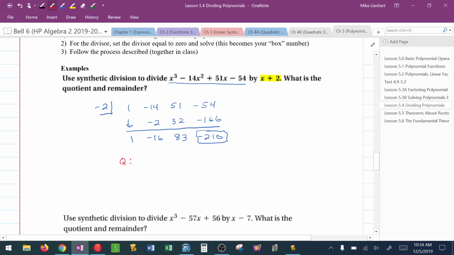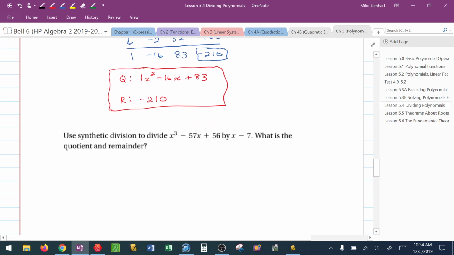So my quotient here is 1x squared minus 16x plus 83. The last term that we put a box around is known as our remainder. The remainder here is simply negative 210. This is what they want us to be able to do: find the quotient and the remainder.